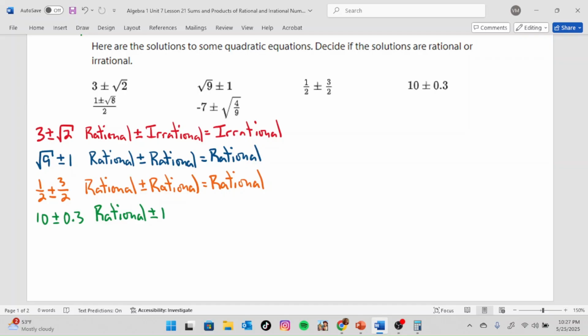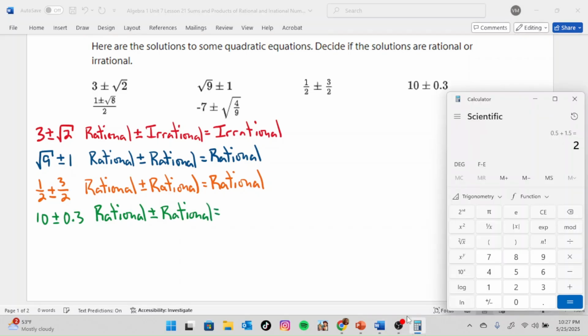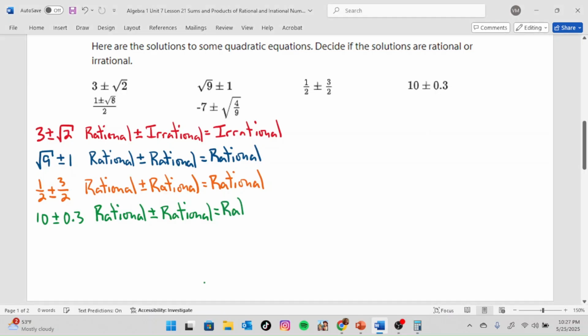Therefore, that's rational. And if you put it in a calculator, 10 plus 0.3 is going to be 10.3. That is a decimal that ends, therefore it is a rational answer.